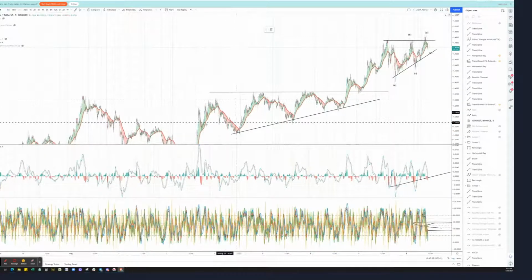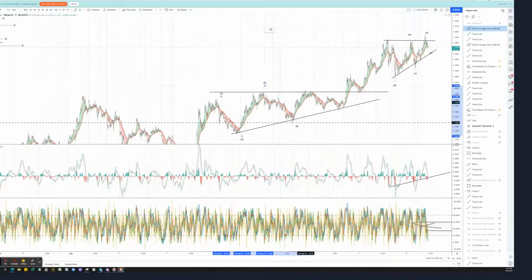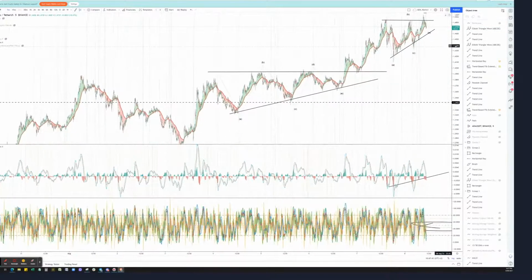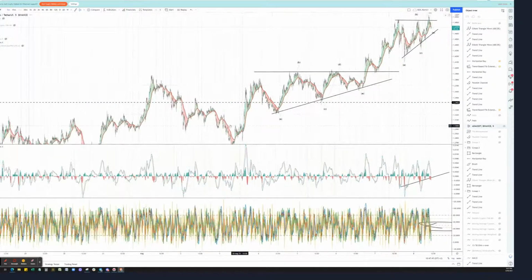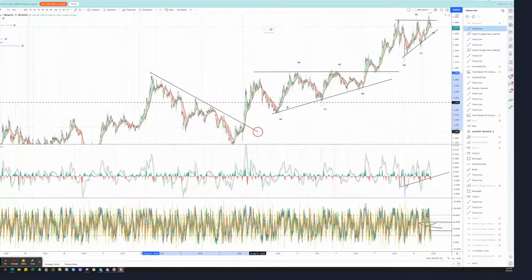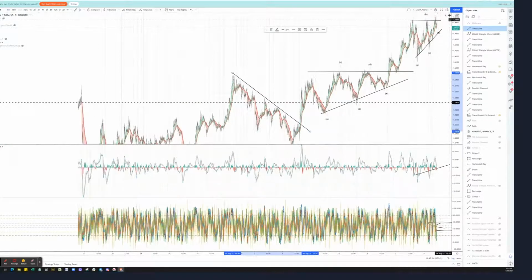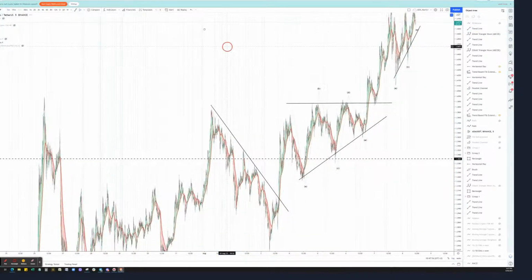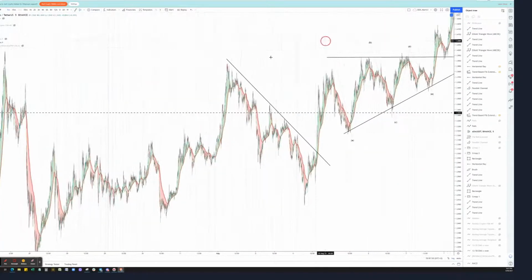So these formations work. All these, if you watch them, are opportunities to trade.